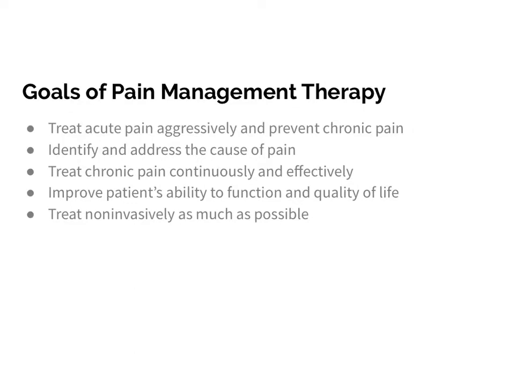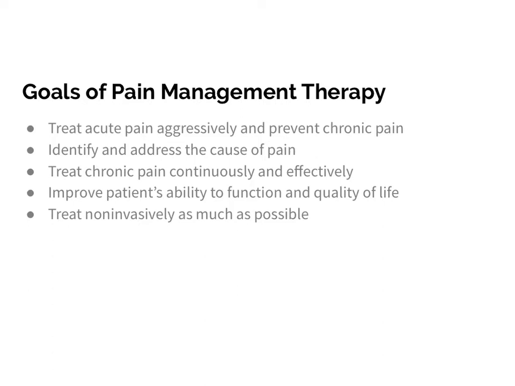So when we start to treat all of those facets of pain, what are our goals? Well, first we want to address that acute pain aggressively. We want to find the cause, an injury, a wound, and make sure that that cause of the pain is adequately addressed. We'd also like to prevent chronic pain that may occur in the future.